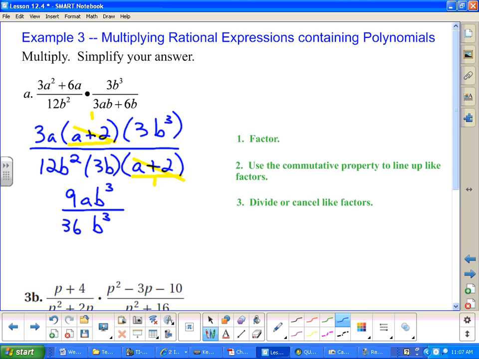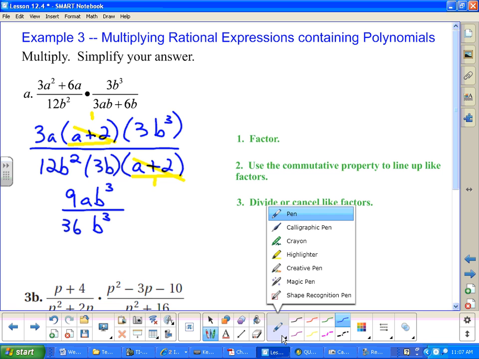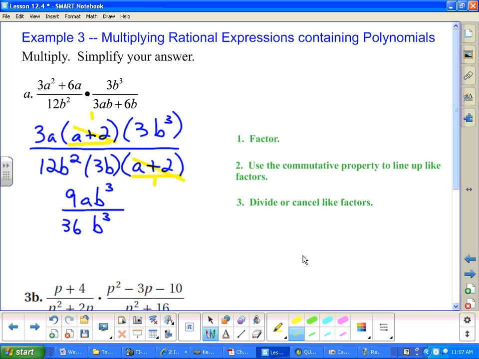All right. So now we have another common factor. We have a b cubed here and a b cubed here. Because there's all multiplication going on, I can simplify those to 1. There's no a's, so I can't simplify that. But does 9 go into 36? Okay, goes in there 4 times, all right?